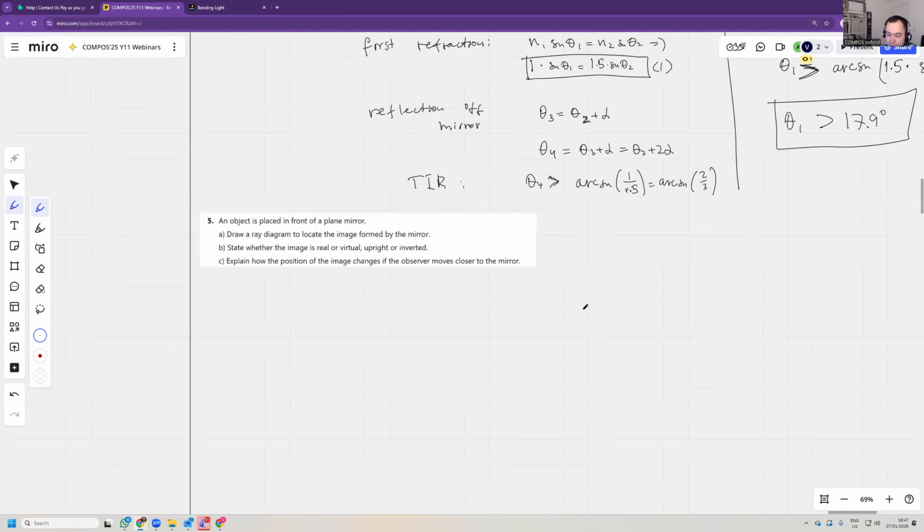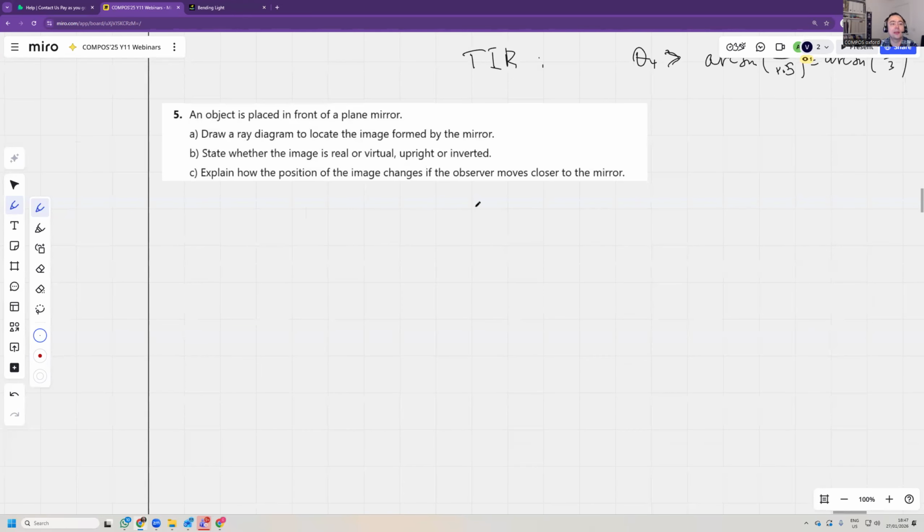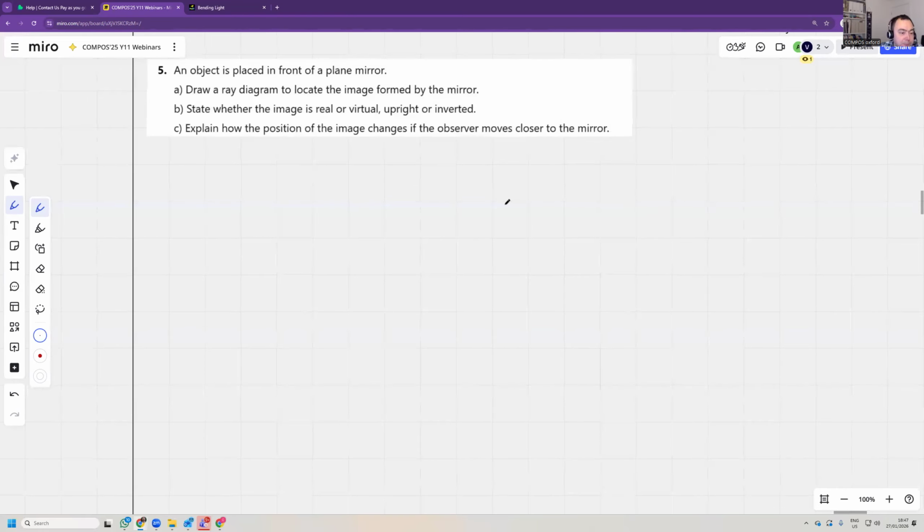Number 5, next question. An object is placed in front of a mirror. Draw a ray diagram to locate the image formed by the mirror. State whether the image is real, virtual, upright, or inverted. Explain how the position of the image changes if the observer moves closer to the mirror. Okay, so let's take a mirror.